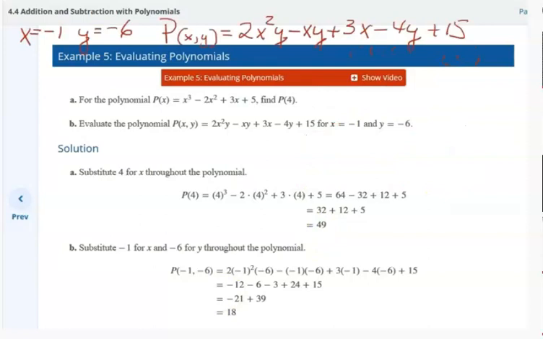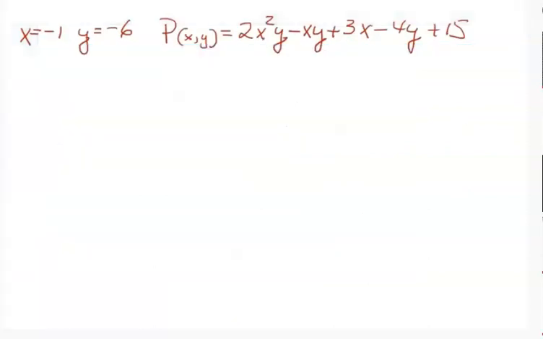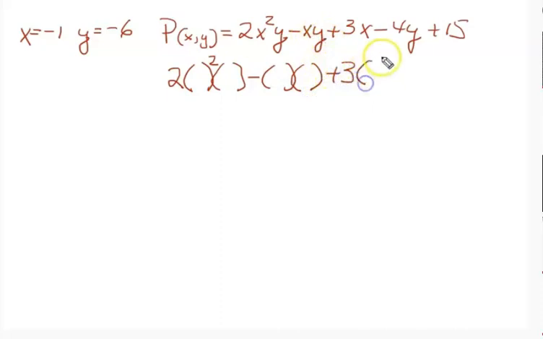Now as we set this up, and we'll go to whiteboard here, you want a protocol. So I would go like 2, and then I'm going to have a parenthesis, squared. Then I'm going to have a parenthesis there, minus parenthesis, parenthesis, we're doing this one, plus 3, parenthesis, minus 4, parenthesis, plus 15.